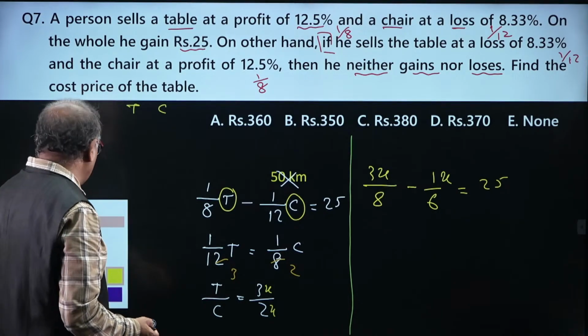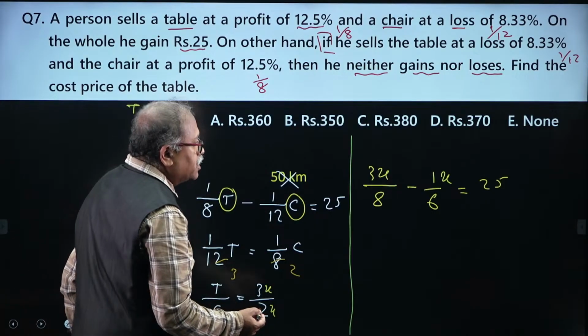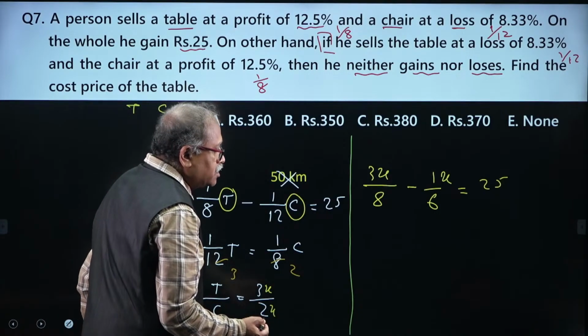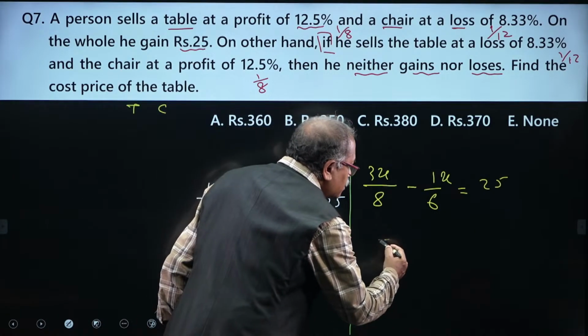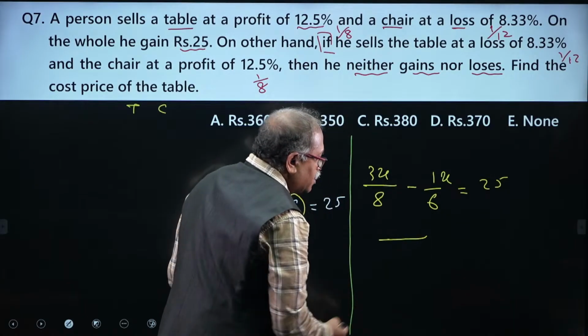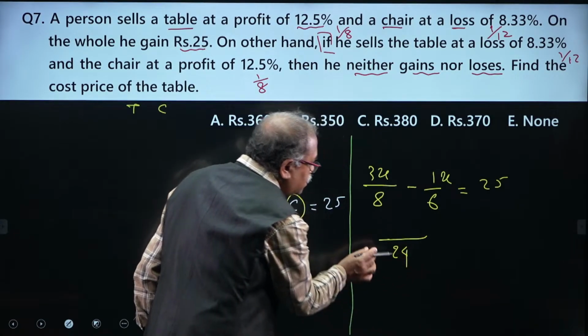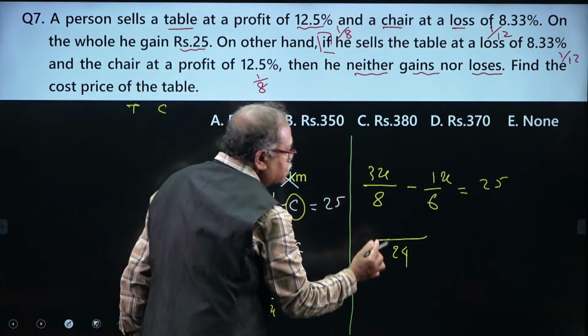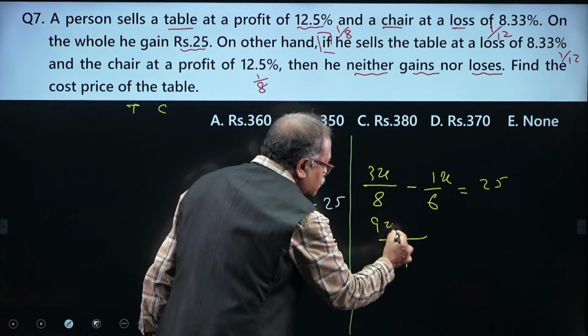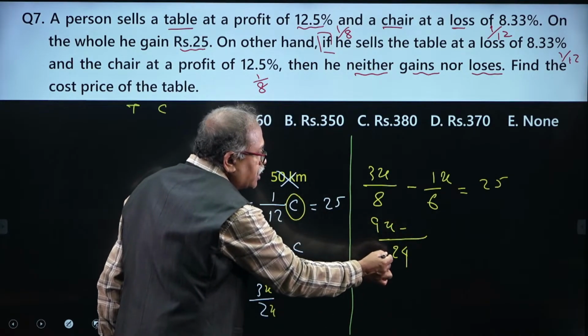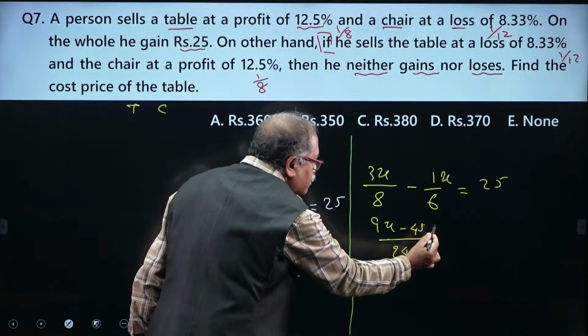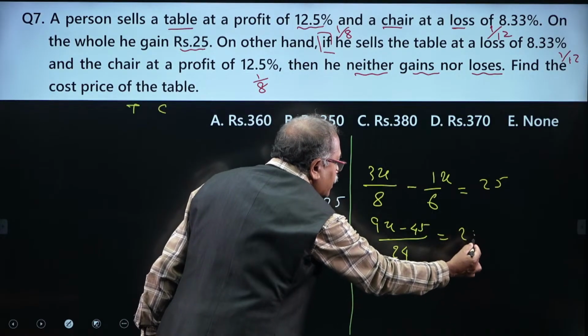Anyhow, I will get the x value over here, and the LCM is 24. Here this is 3 times 9x minus this is 4 times 4x, which is equal to 25.